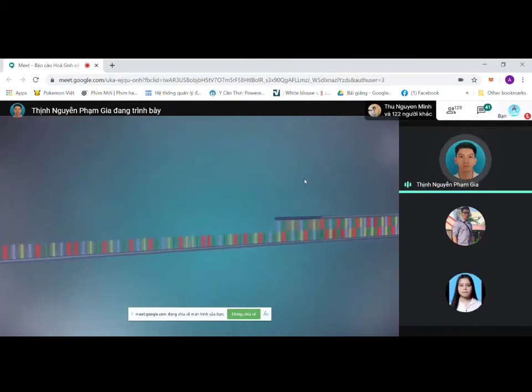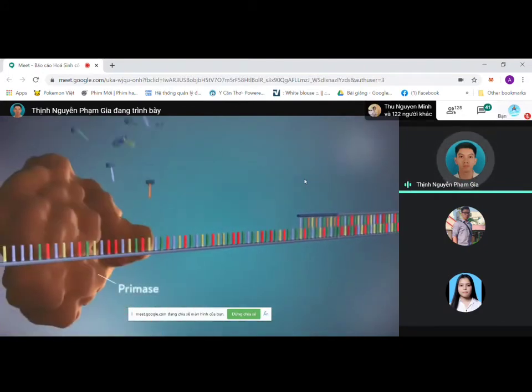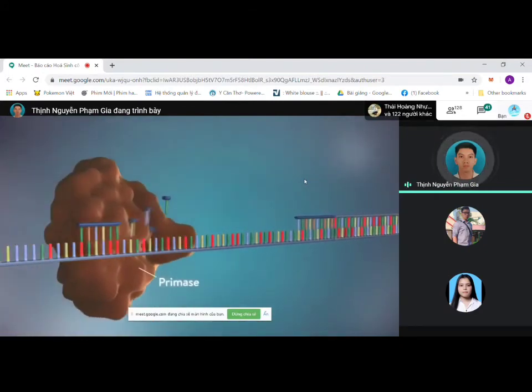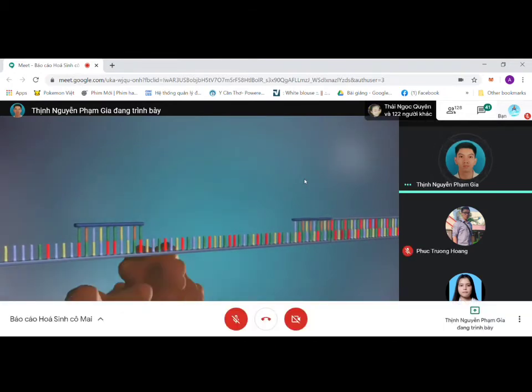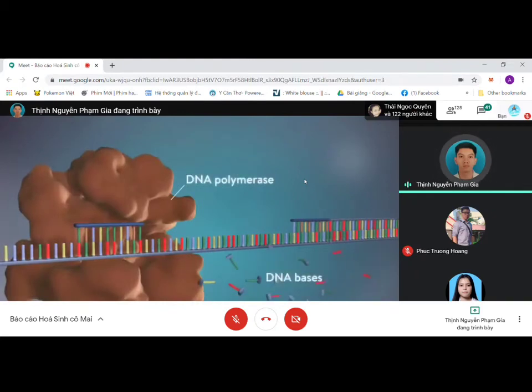Next, in elongation, the primers are formed by DNA primase and DNA polymerase III continues, and this process will repeat again and again in other positions.